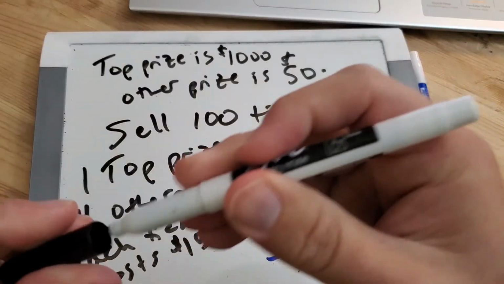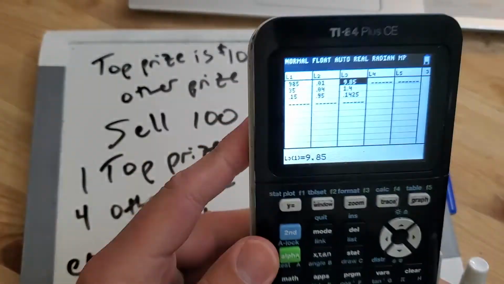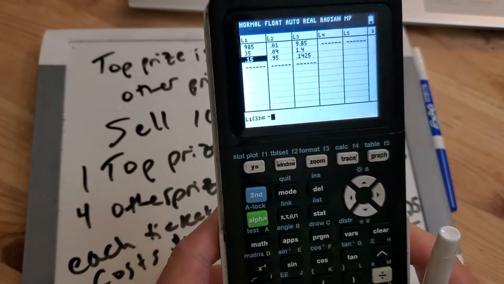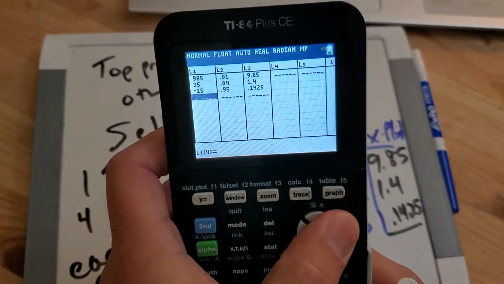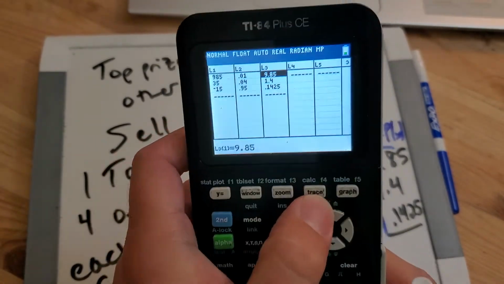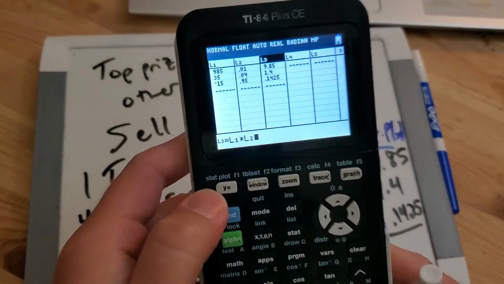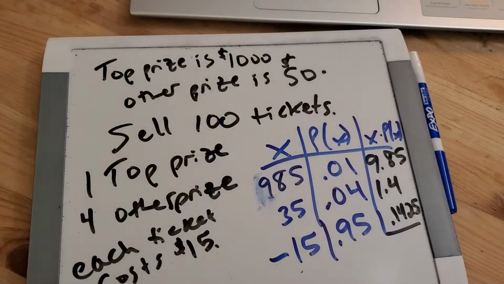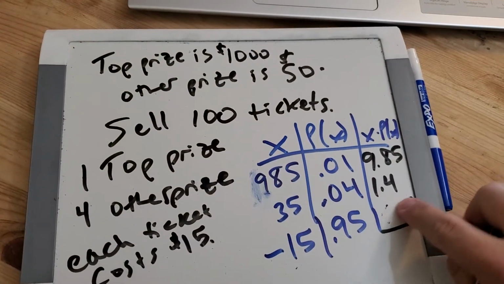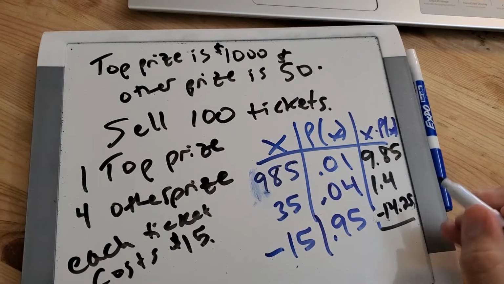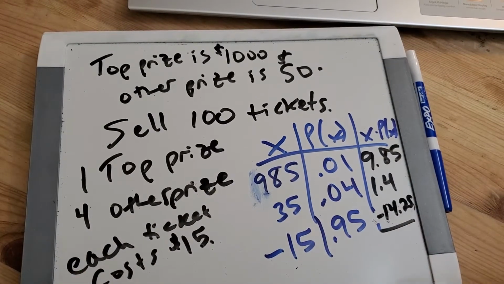Instead of a negative, I put a point. So sorry, guys. Negative 15. So that last number is going to be incorrect. This is awesome, on the fly. Yeah, negative 14.25. That makes more sense. Negative 14.25. So if I add all this up, it's my expected value.